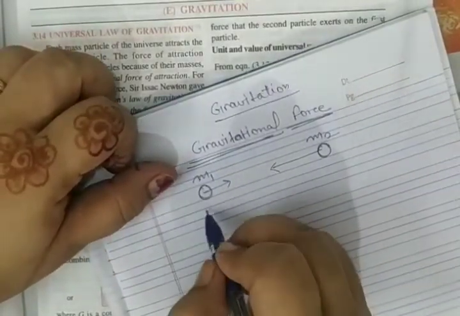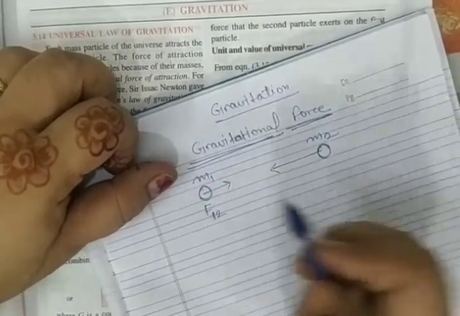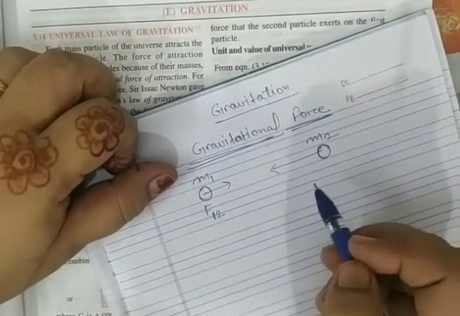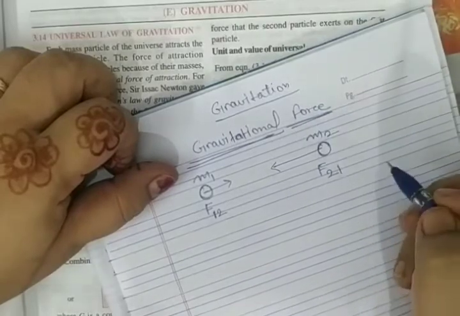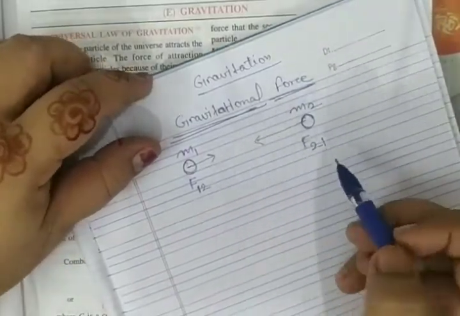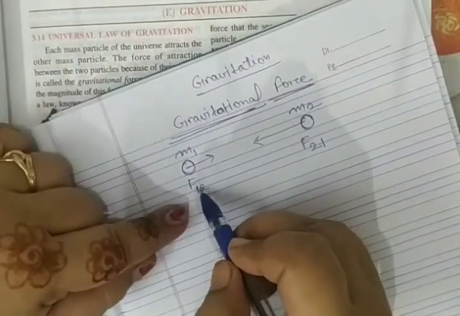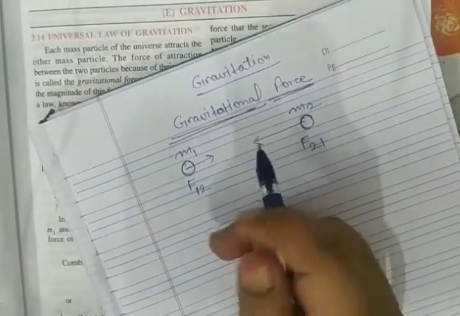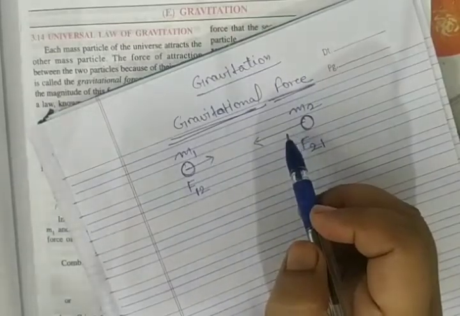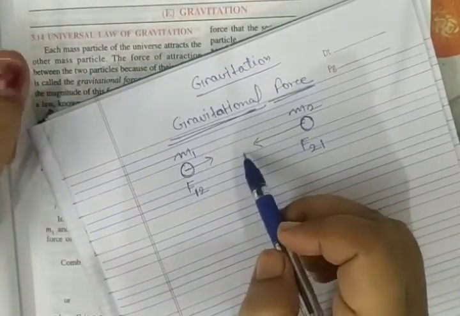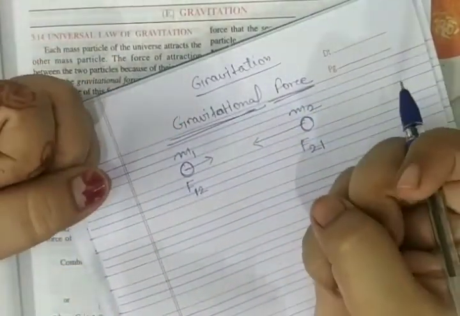The force on the first body due to the second one will have a direction like this, and the force on the second body due to the first. Did you notice how I am writing F12 and F21? The force on the first body, so F1, due to the second, so a 2 is also written over there. So the direction of F12 is towards the second body, and the direction of F21 is towards the first body. Means both are attracting each other.